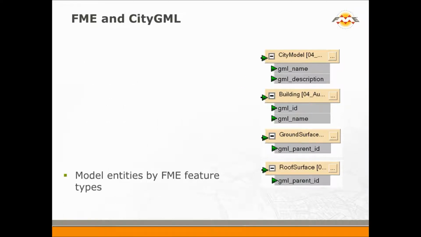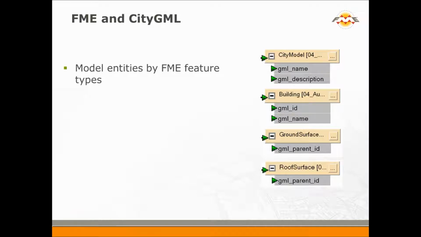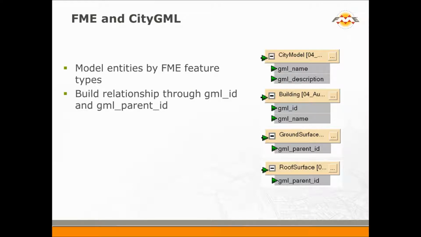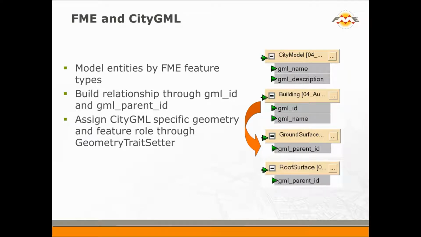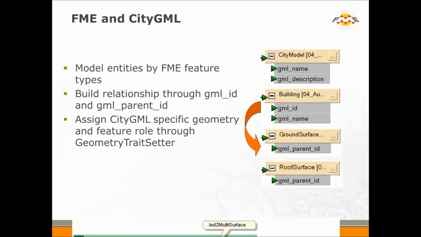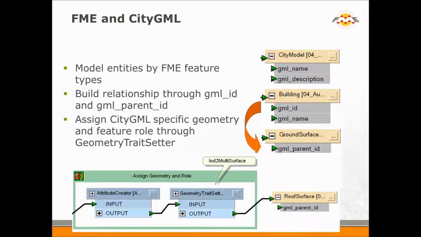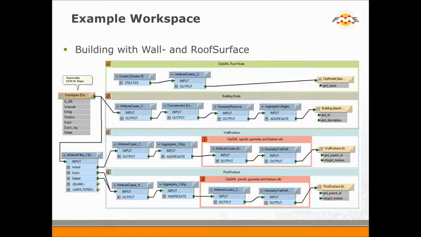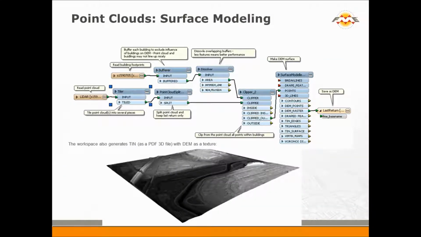To do that, we define FME feature types that correspond with multiple model entities with a common schema, and then we build relationships through parent and child IDs, and then ultimately define the attributes and traits on the features and within the geometry that are required, such as LOD2 multi-surface. And here's an example of a building workspace for defining walls and roofs. And here we have extraction from LiDAR to build a surface model.